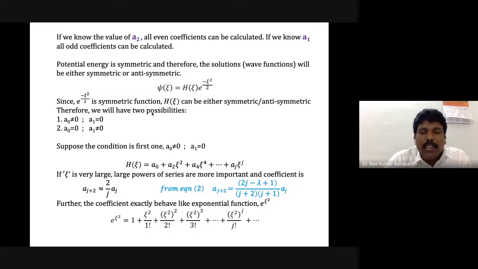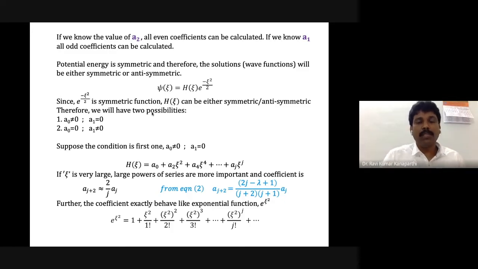So that is exactly what happens here also. So in the solutions of the simple harmonic oscillator, you will have all the even terms and odd terms, but all those things put together, you can have two different categories, the symmetric function and the anti-symmetric function, depending upon the situation.